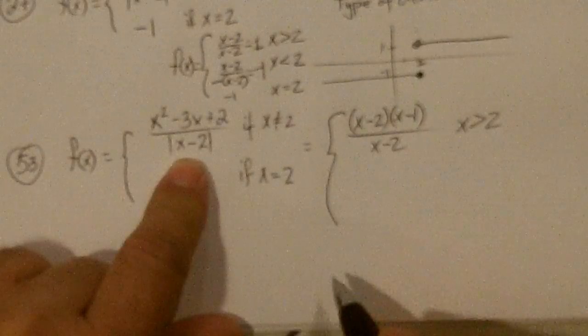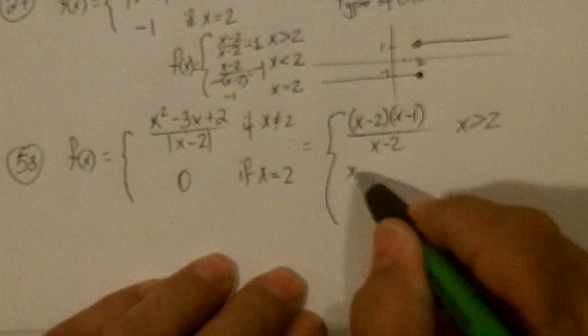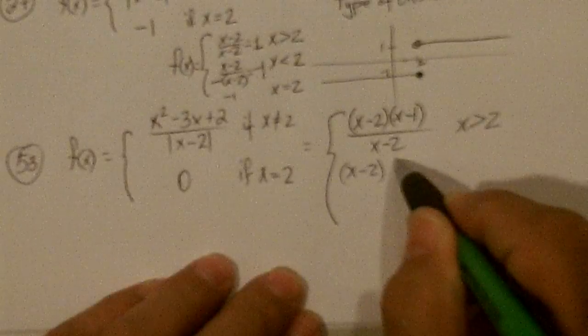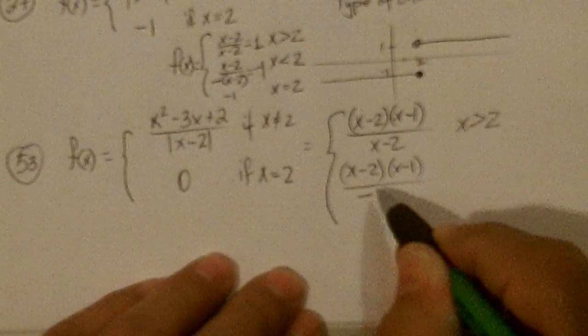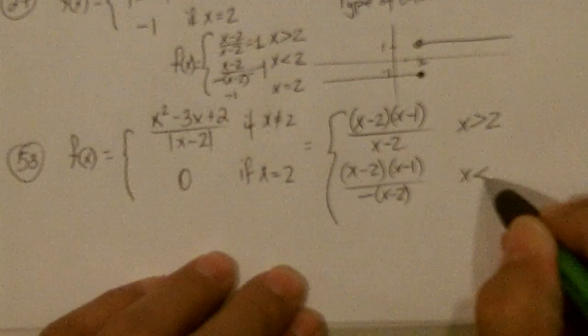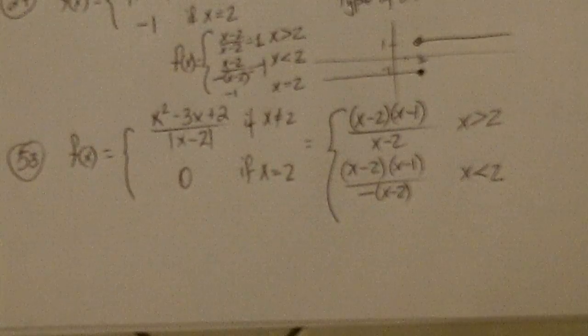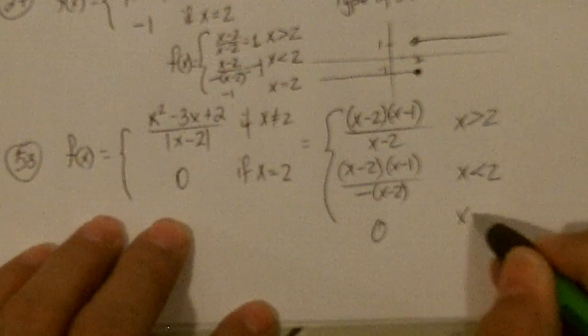The absolute value wouldn't change it. Numbers bigger than that would just do that. Now it would be x minus 2 and x minus 1 over the opposite of x minus 2 if x was something smaller than 2. And it says make it 0 when x equals 2.